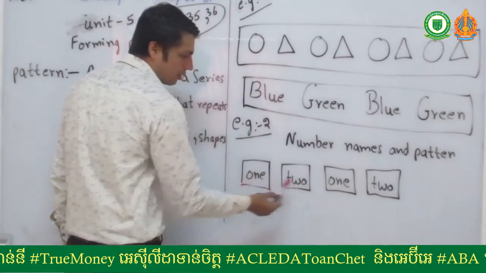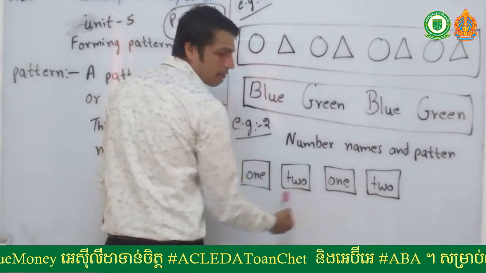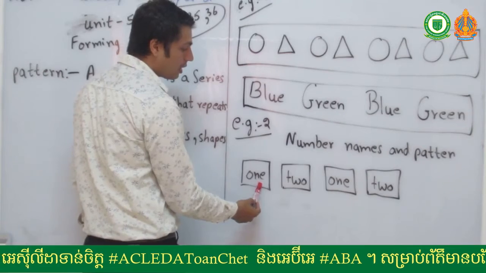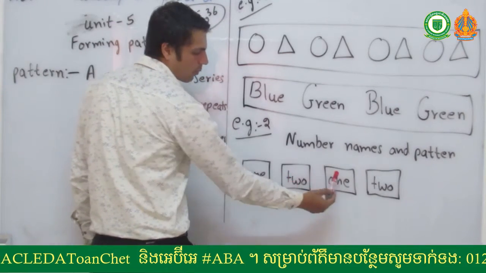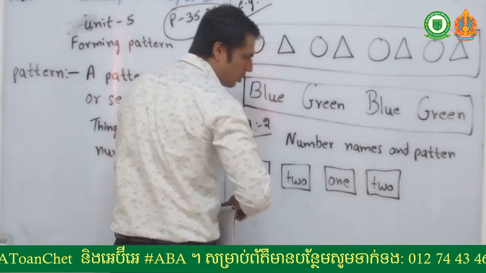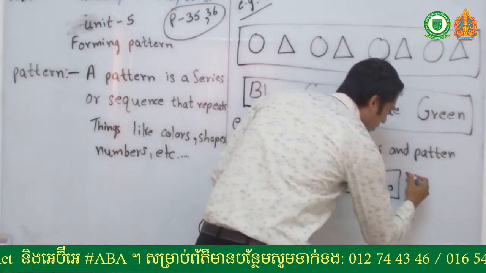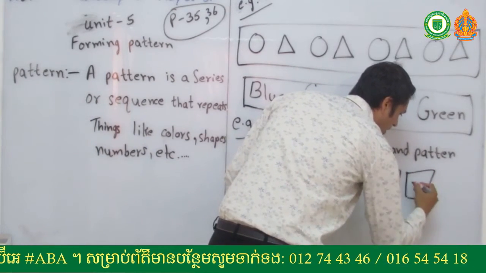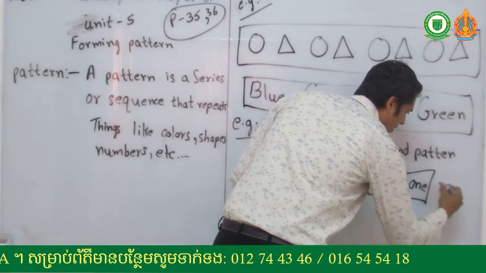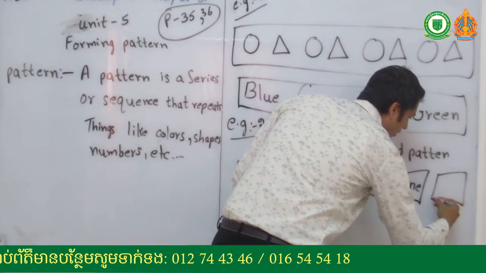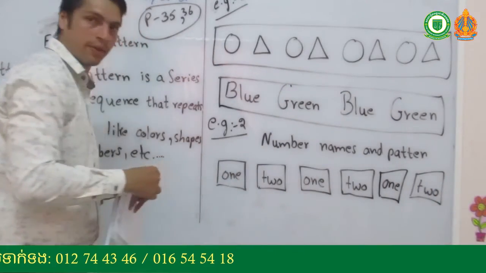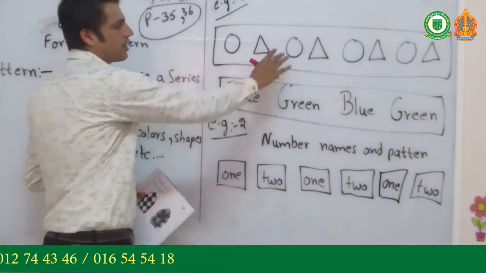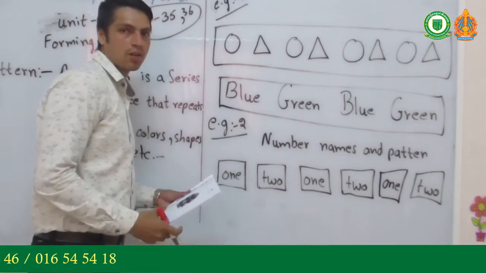We have a pattern of numbers, but in words. 1, 2, 1, 2. We can add one more: again 1, 2.